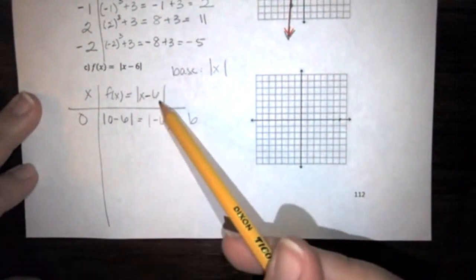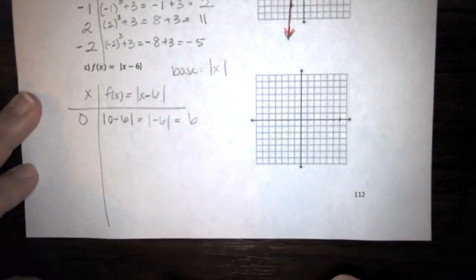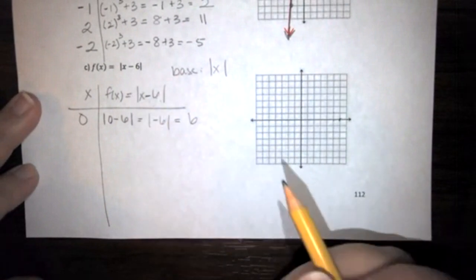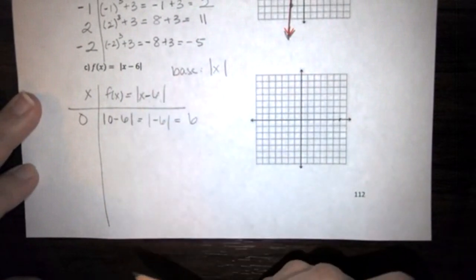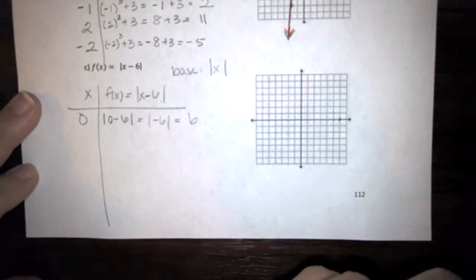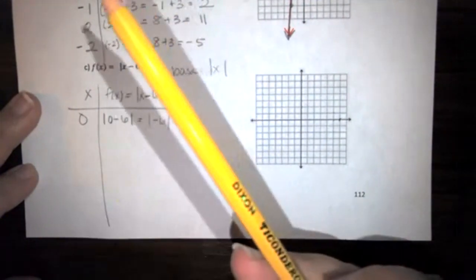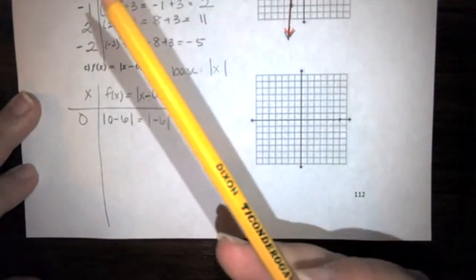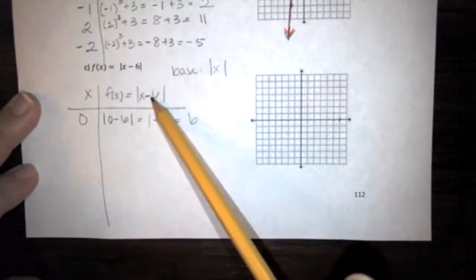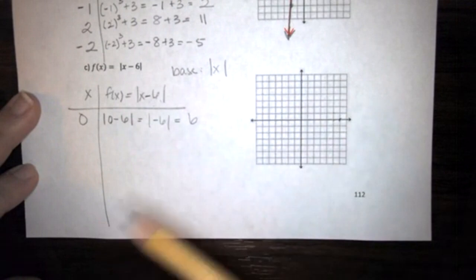Okay. Now, in looking at this, I want to choose a value that's going to give me 0, because remember, most of the time, you're going to have a point where you're sitting on your x-axis, or potentially.